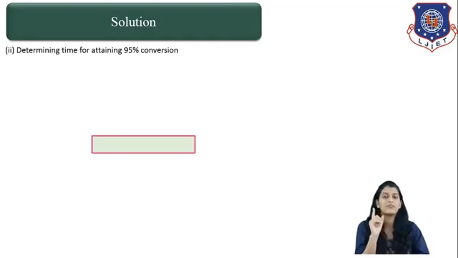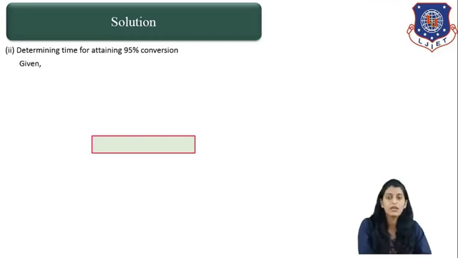Just remember that for any given reaction, rate constant will remain same always. Right? If you are not changing any temperature or pressure condition, then rate constant will remain same. So the value of K will remain 0.0123 minute inverse for all the rest of cases here. So the given value is Xa.